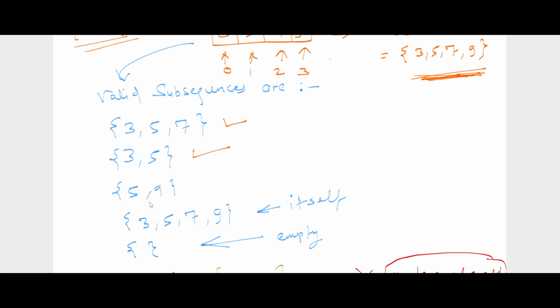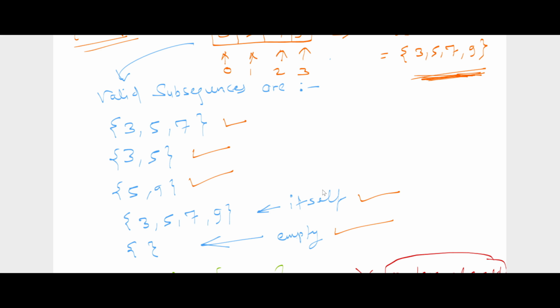If we consider 5 and 9, between 5 and 9 there is 7, so we remove 7, still it is valid. If we take 3, 5, 7, 9, the whole array itself, it's also fine. This is also a valid subsequence. If we take no element, 0 elements, still we can say this is a valid subsequence.